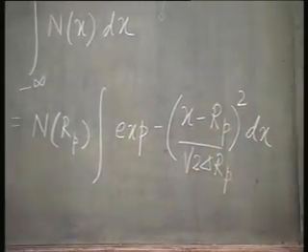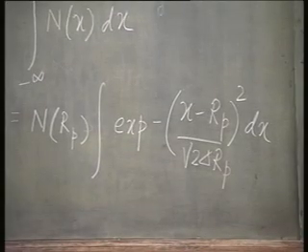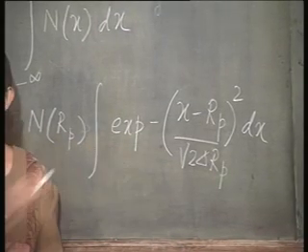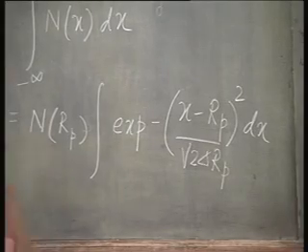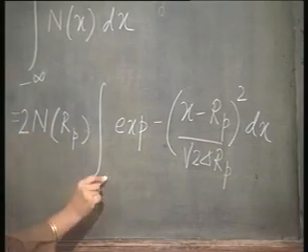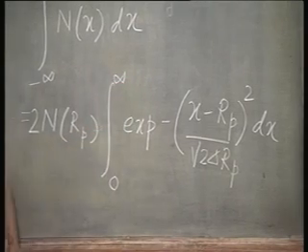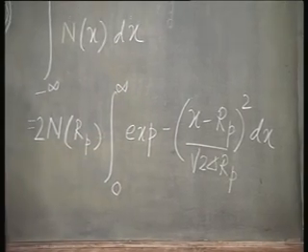Agreed. I have not put the limits. Now, since a Gaussian function is a symmetric function, I could write it as twice the integral from 0 to infinity.